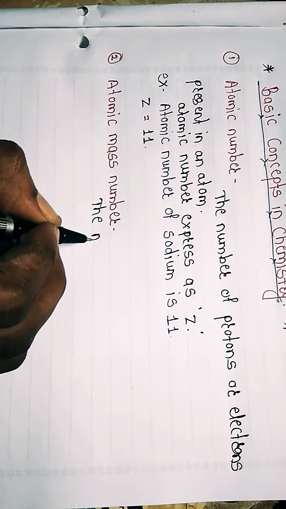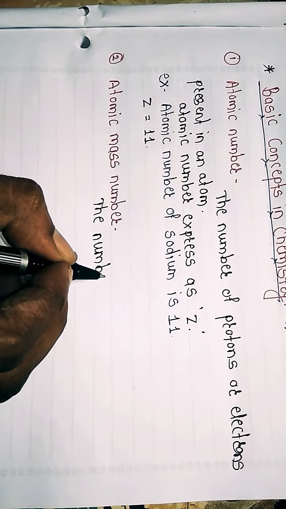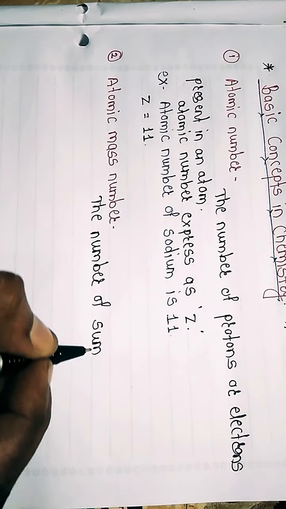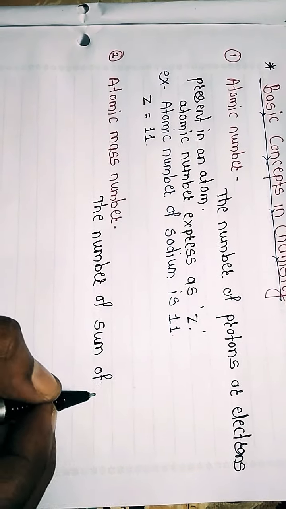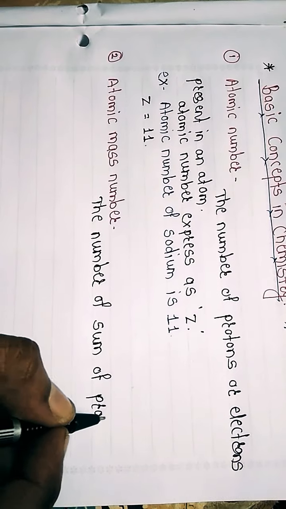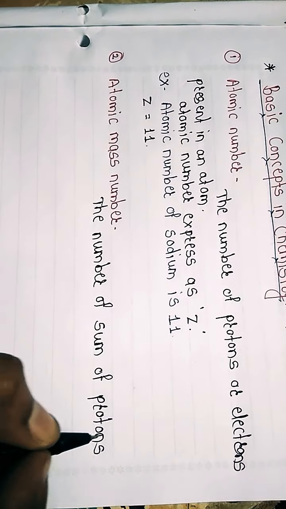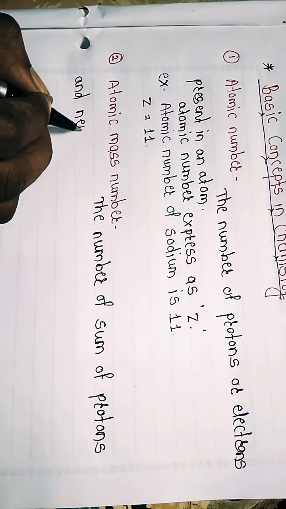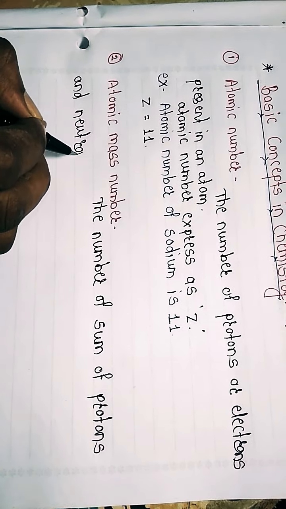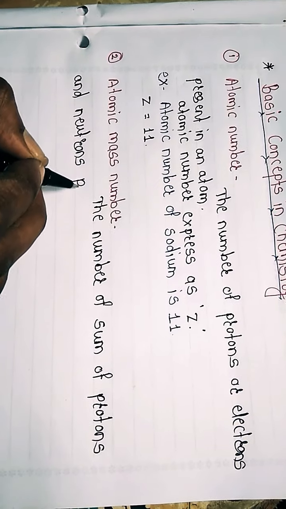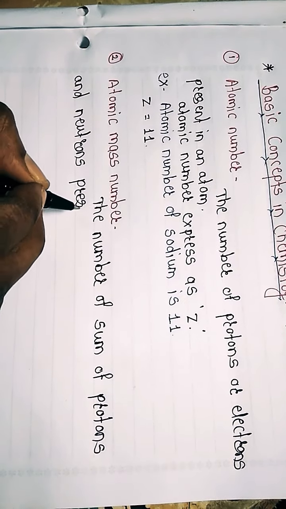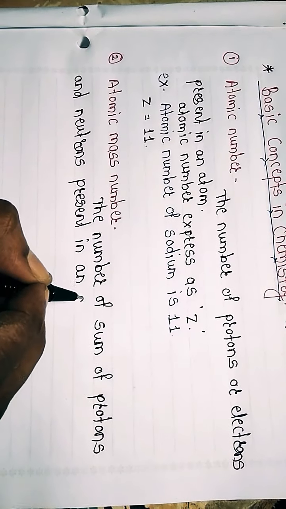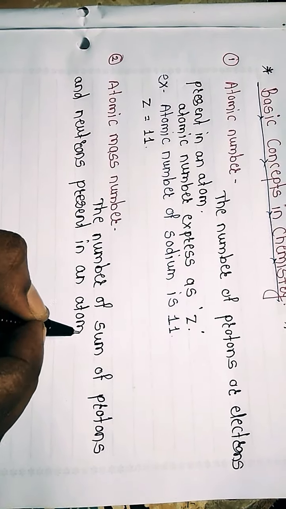The sum of protons and neutrons present in an atom.